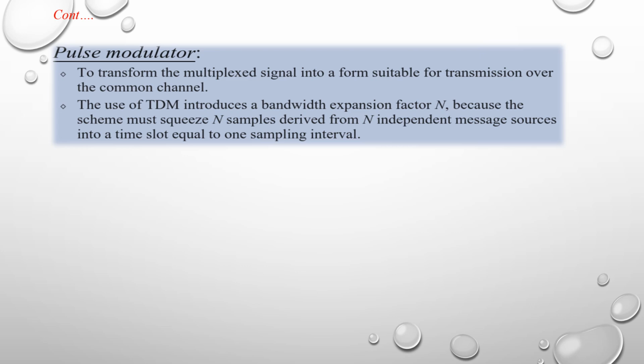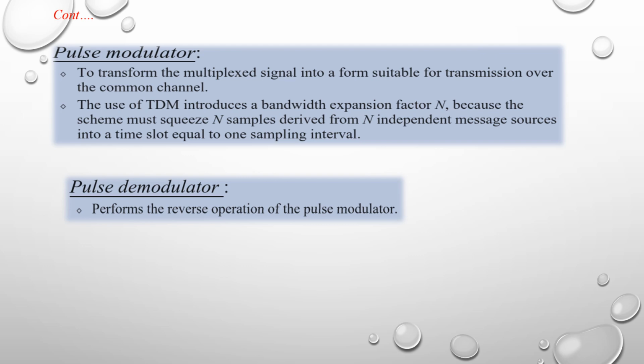The use of TDM introduces a bandwidth expansion factor n, because the scheme must squeeze n samples derived from the n independent message sources into a time slot equal to one sample interval. The output of the pulse modulator is connected to the communication channel, whether it is wire communication or wireless communication. On the receiving side, the receiver receives the multiplexed signal, and the received signal is applied to the pulse demodulator.